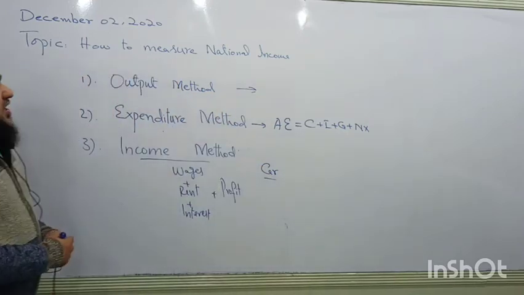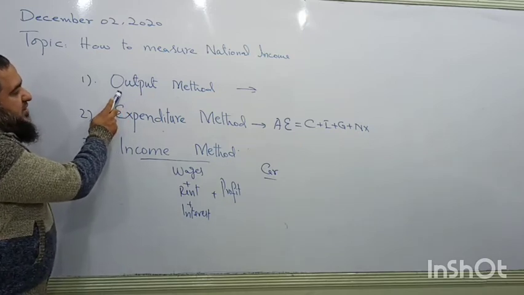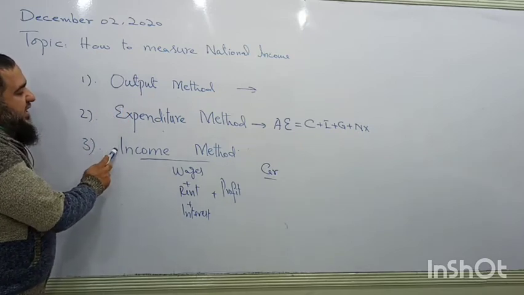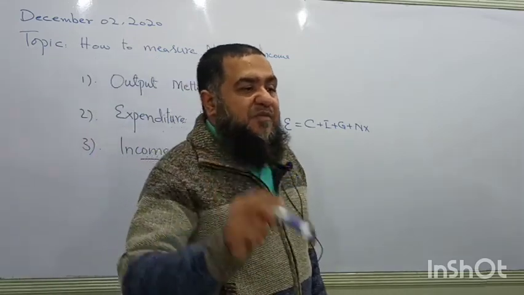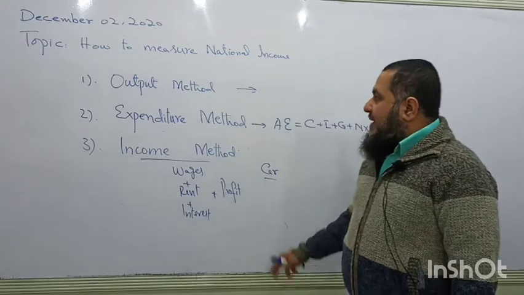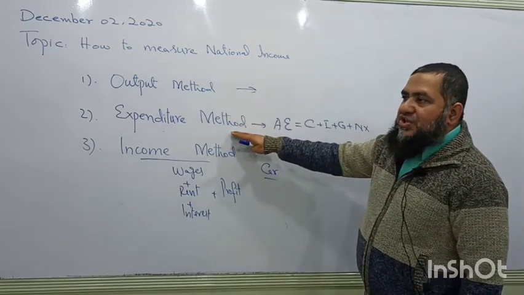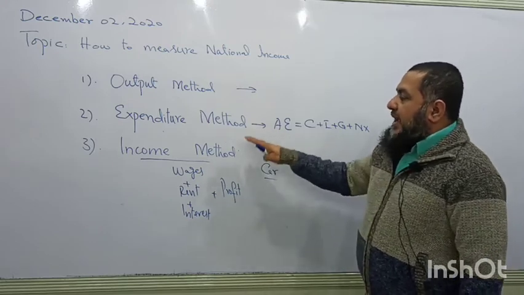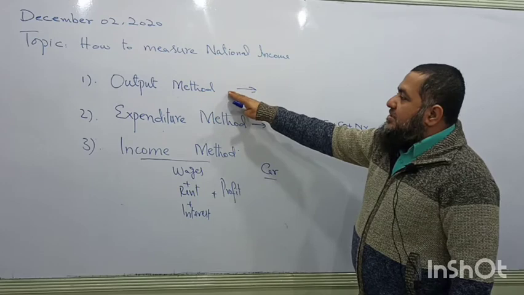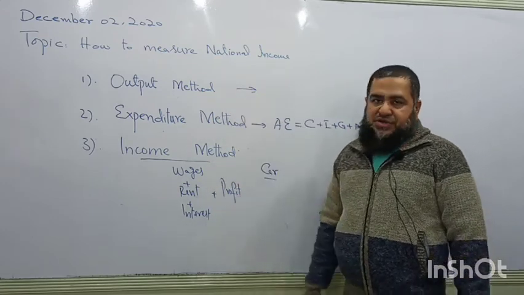That's why we say when we measure our national income by output method, expenditure method and income method, all will reach the same value. Whatever the value of output is, that's equal to all the expenditures made by all the economic sectors, and that output is also converted into the income of all the factors of production.